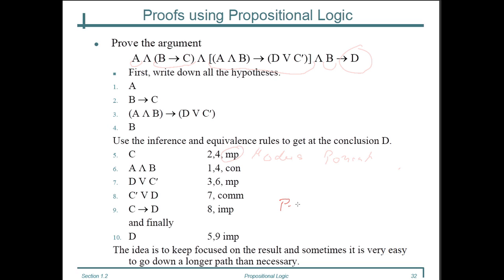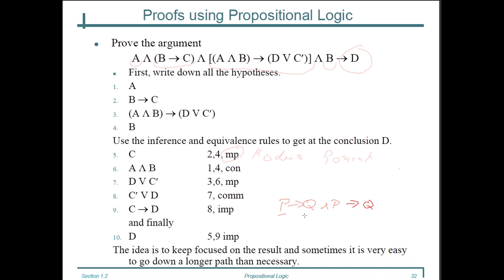Let's use P. So basically, it starts out with if P implies Q, so we use the standard if-then rule, and we know the condition is true, and P. So we have a rule or hypothesis that says P implies Q, and P is true, then we can conclude that Q is also true.